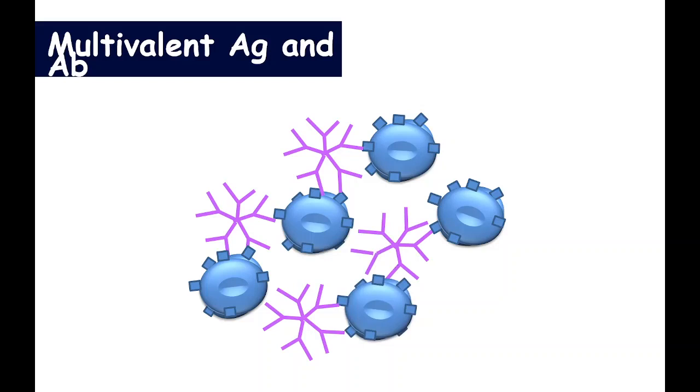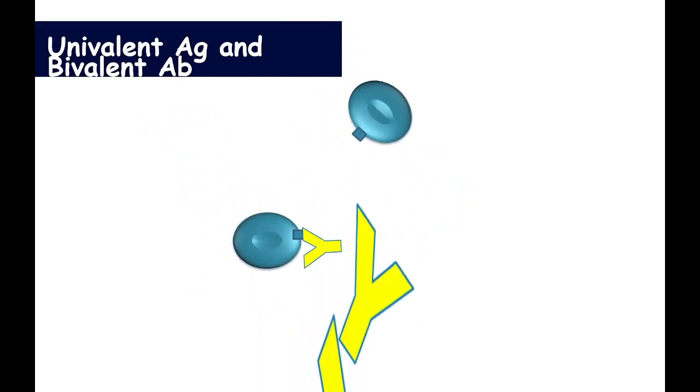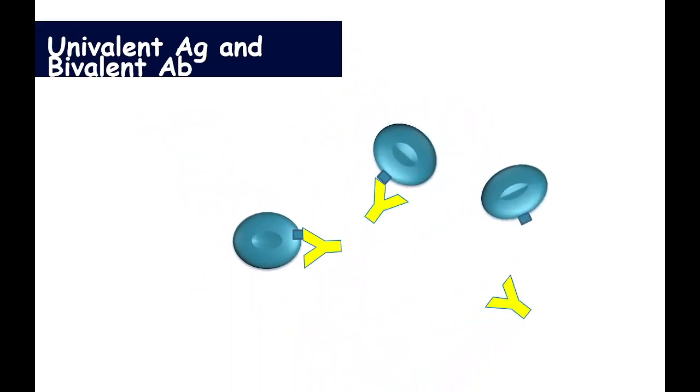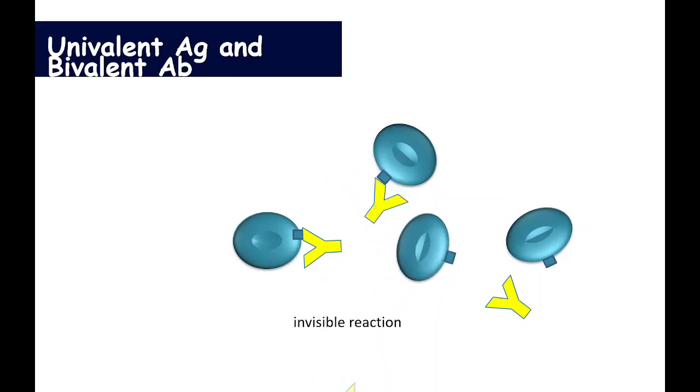If we are dealing with multivalent antigens and antibodies, there will be a visible reaction. If we are dealing with univalent antigen and bivalent antibodies, there will be immune complexes formed. However, there will be no lattice formation. So this is an invisible reaction.